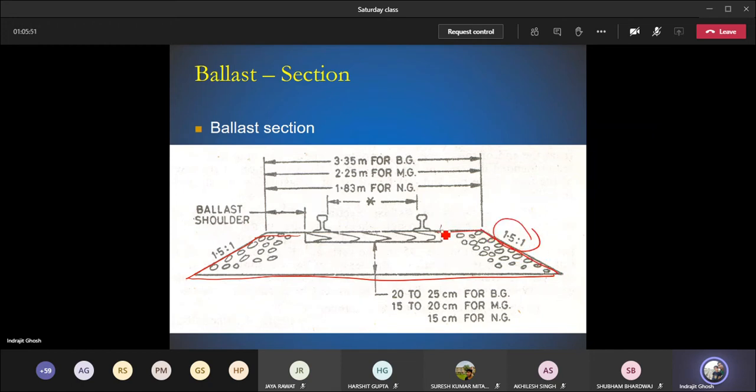Now when we are telling from the end of the sleeper, you can ask from here to where: up to this point, or in the middle, or where. So Indian Railway says no, at the foot of the rail. The rail foot is here. So at the foot of the rail, how much we should go from the end of the sleeper to this particular level.